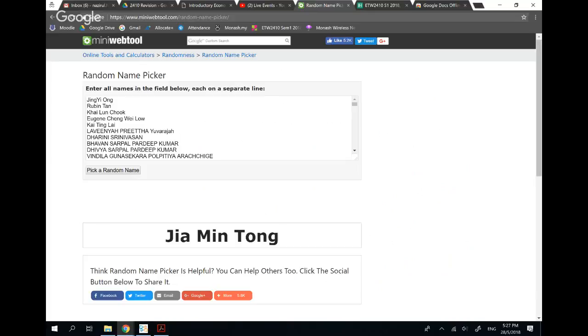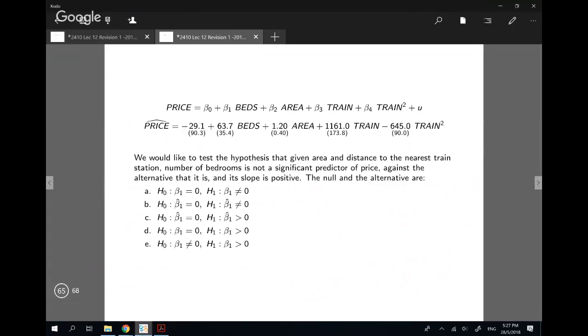Okay. Jiamin. So which one? It's you, right? D. Beta 1 equals 0 against the alternative that beta 1 is more than 0, that the slope is positive. Okay.